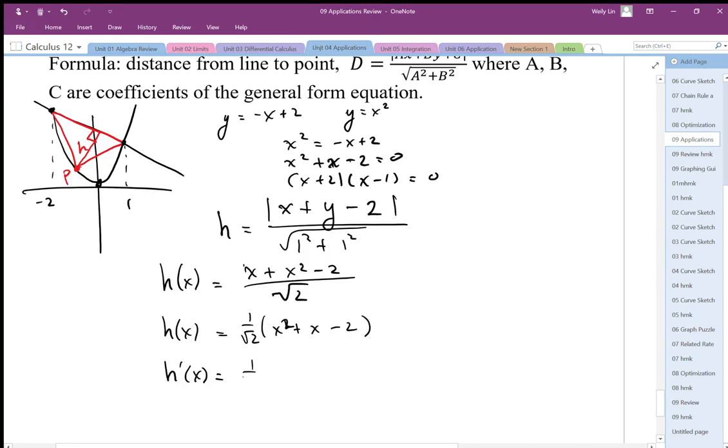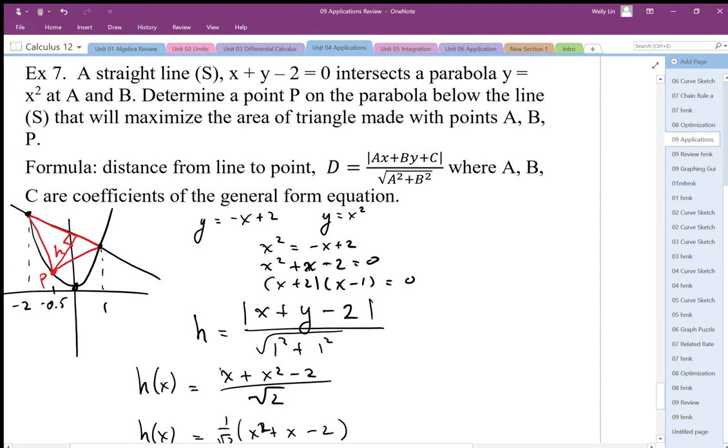So I'm going to get 1 over root 2 times 2x plus 1. Okay, solving this where it's equal to 0, x is equal to negative 1/2. So at x equals negative 1/2, that's going to give me the biggest triangle in that space.